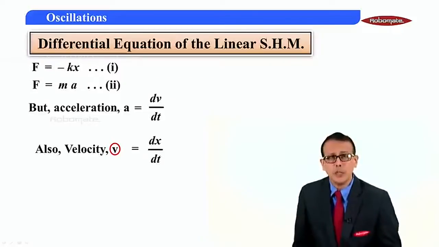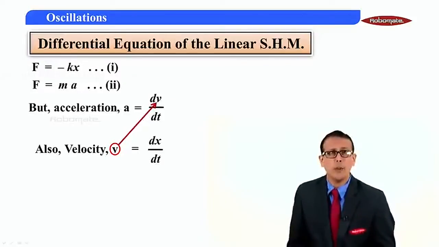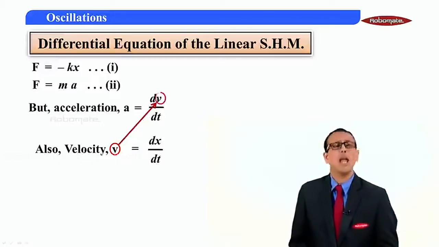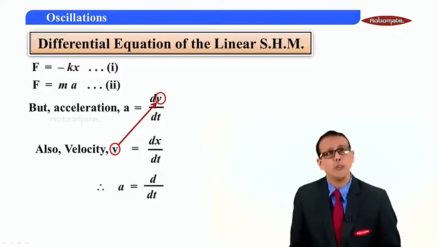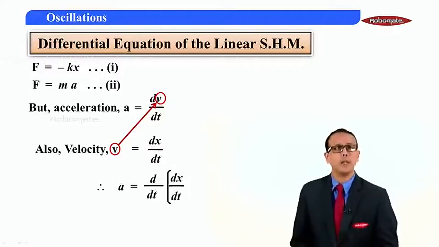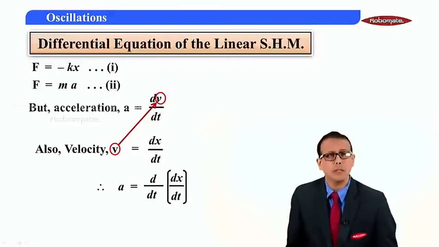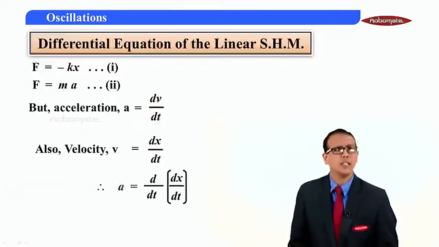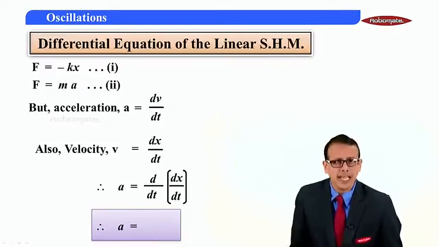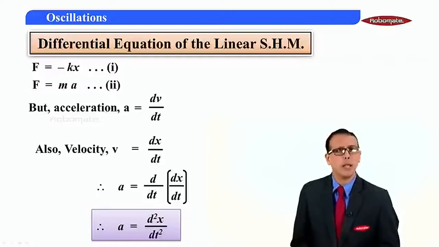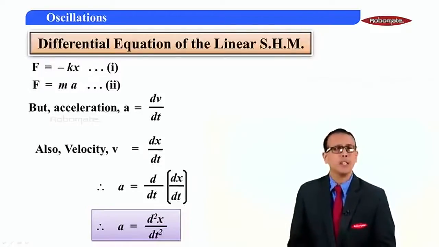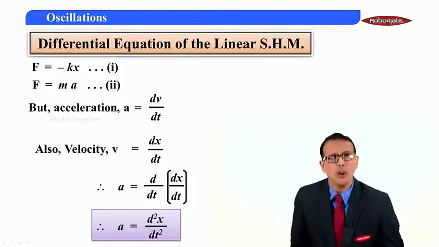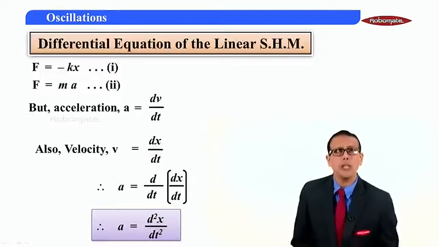Now let us substitute the value of v in the formula of a, and therefore acceleration can be written as a is equal to d by dt of dx by dt, where I have substituted the value of v as dx by dt. And finally acceleration can be written as a is equal to d square x by dt square. So we can write acceleration as the second order differentiation of displacement with respect to time.